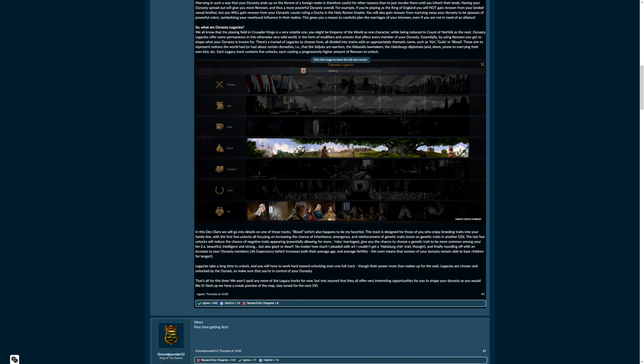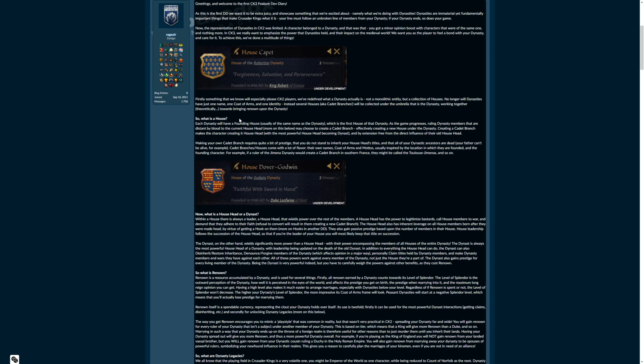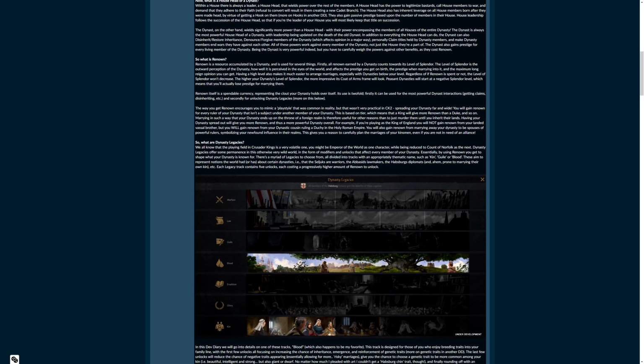I mean, the actual medieval paintings were often an art made by many people, with one guy specializing on faces, the other one on trees, and so on. But this looks really nice. It's a nice style. Blood, which also happens to be my favorite. Who is writing this? Rager.